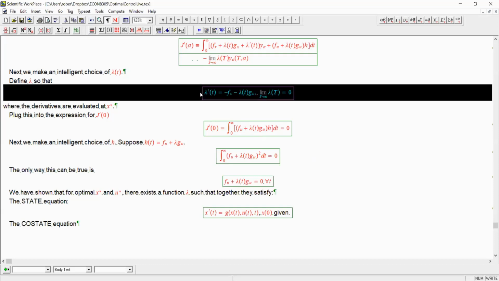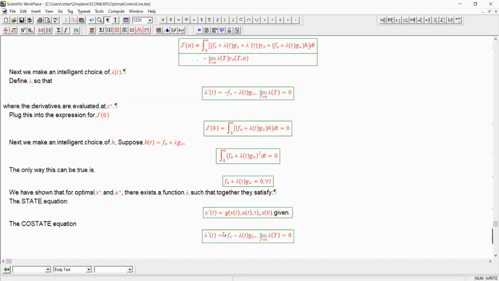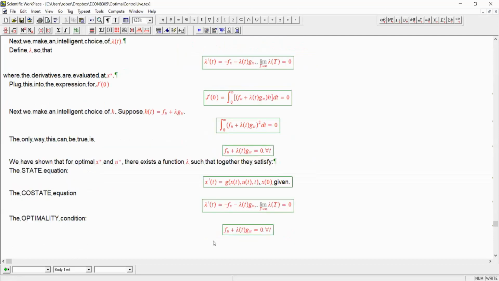And that's this, the definition of lambda, our intelligent choice. Third is the optimality condition, or optimality equation, which is this. Pretty powerful stuff. These are all necessary conditions for an optimum in this environment.